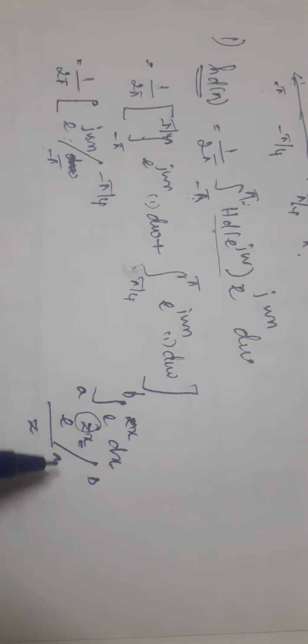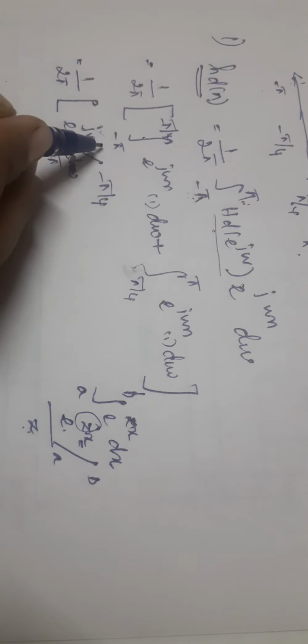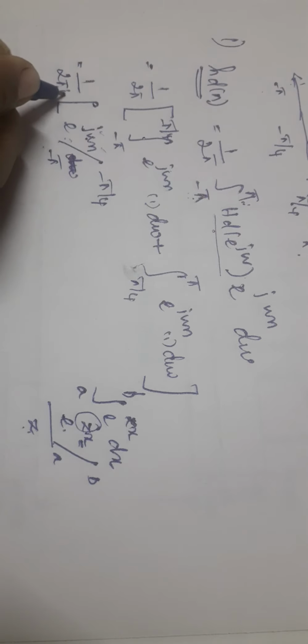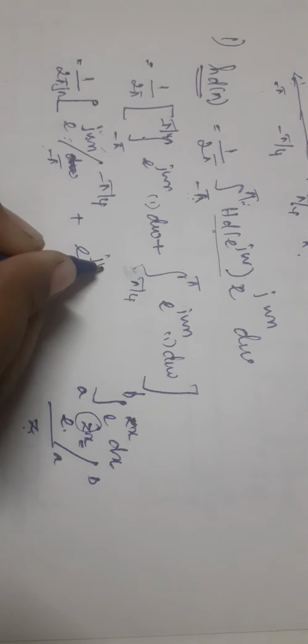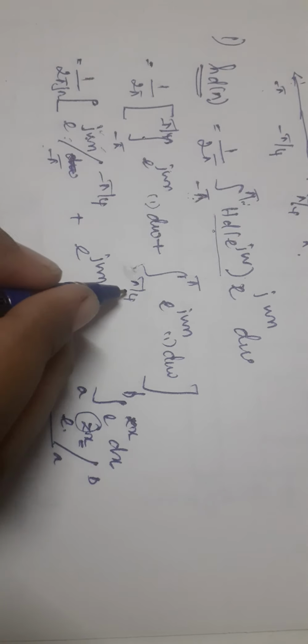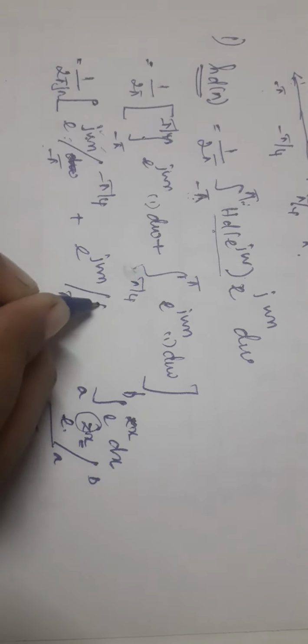The integral of e^{zx} is e^{zx} divided by z. Here, instead of z, the constants n and j are there, so put jn here, plus e^{jωn} with the limits π/4 to π.